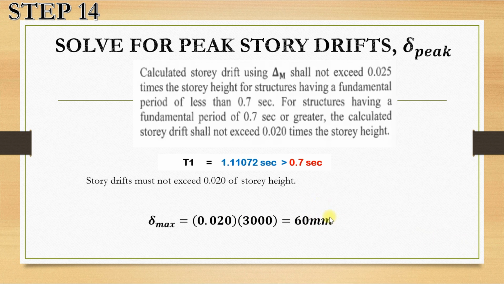So with this value, ito na yung magiging maximum story drift natin, yung 60 mm. Ibig sabihin, dapat yung calculated na maximum story drift natin mamaya ay hindi dapat susobra dito sa 60 mm. Kasi kung susobra pa, hindi na natin pwedeng i-consider yon.